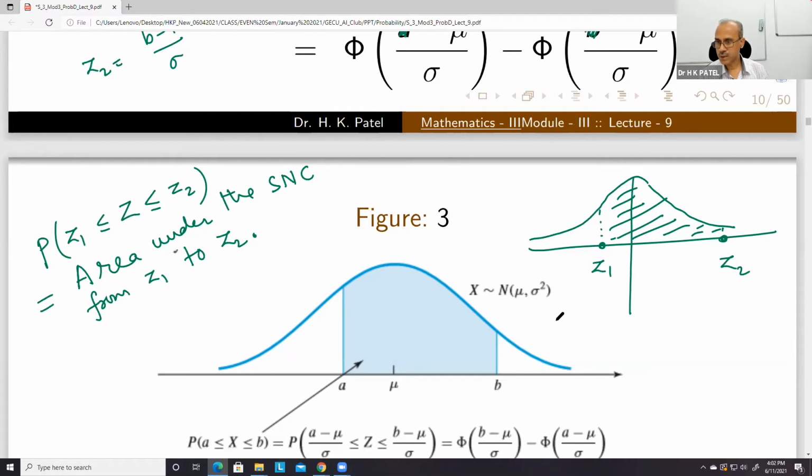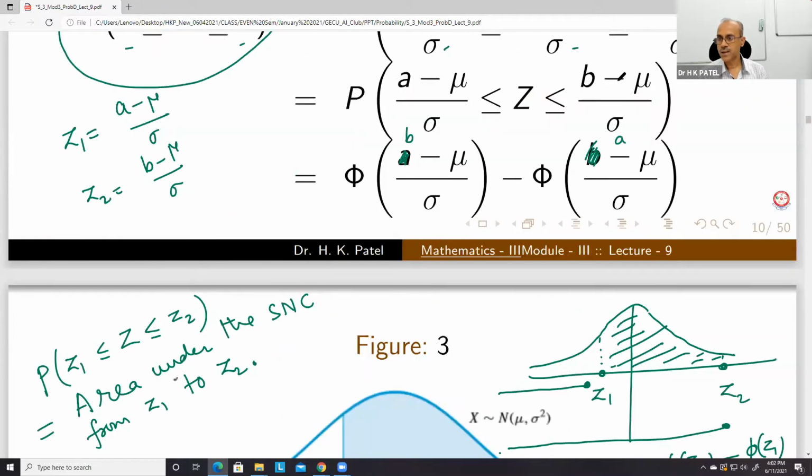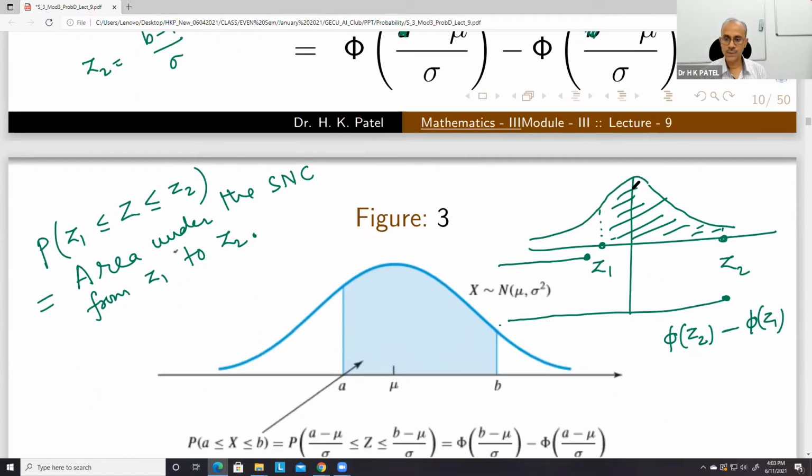For that, we can find the area from minus infinity to Z2 and then subtract the area from minus infinity to Z1. Minus infinity to Z2 is phi of Z2, and minus infinity to Z1 is phi of Z1. So this is phi of (B minus mu) upon sigma, minus phi of (A minus mu) upon sigma.